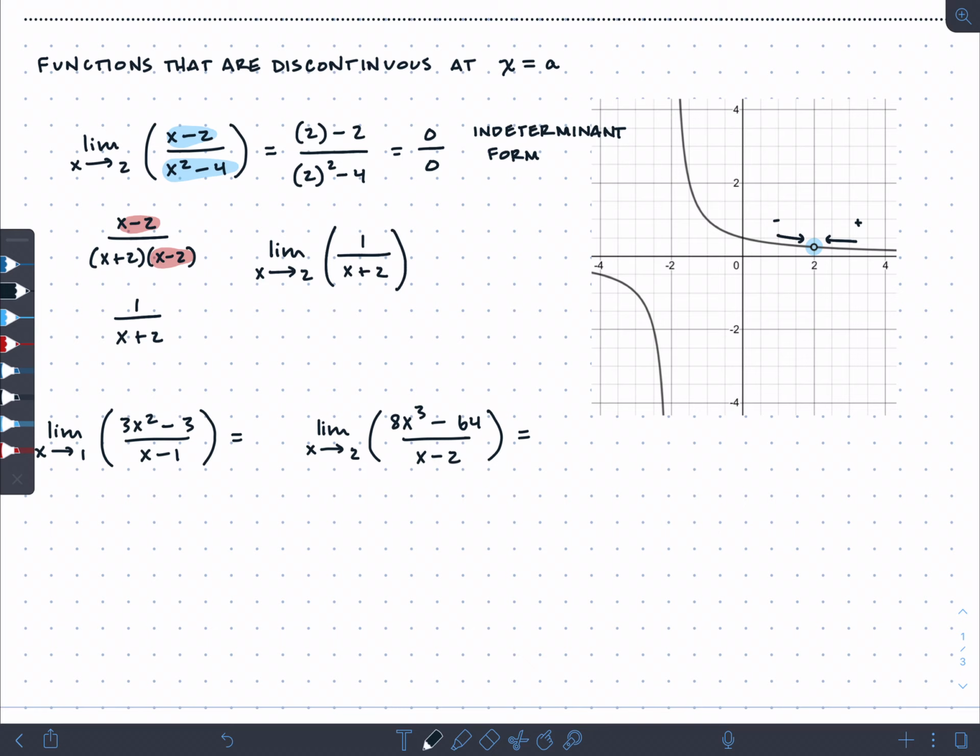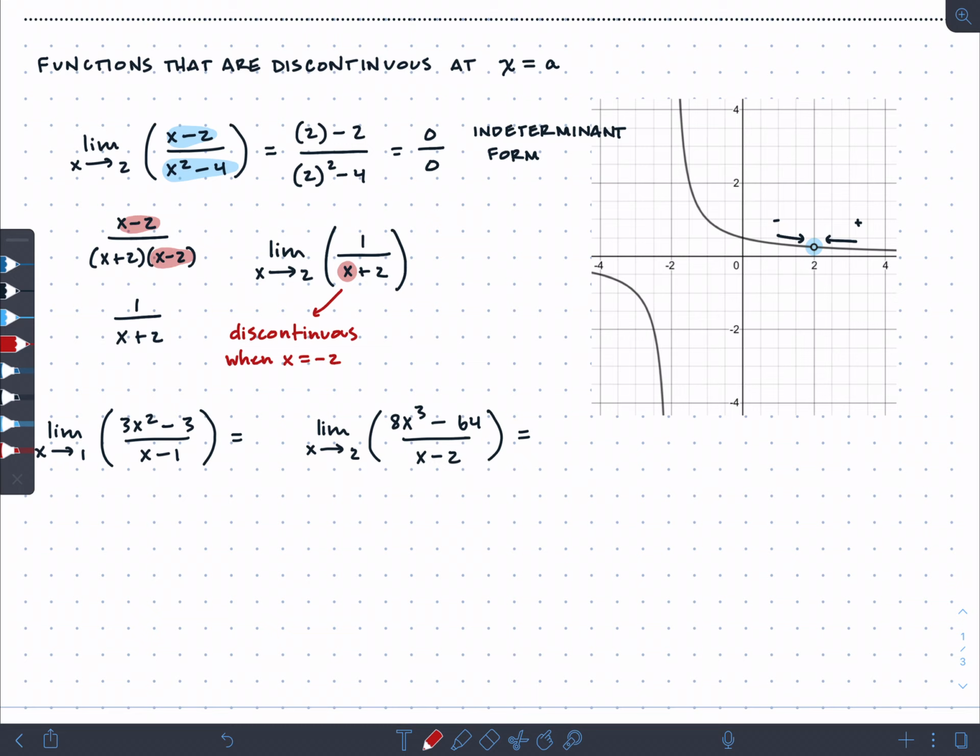And you may think, well, Mr. Schreiber, that is also a discontinuous function. Yes, this function is discontinuous, but it's discontinuous when x equals negative 2.